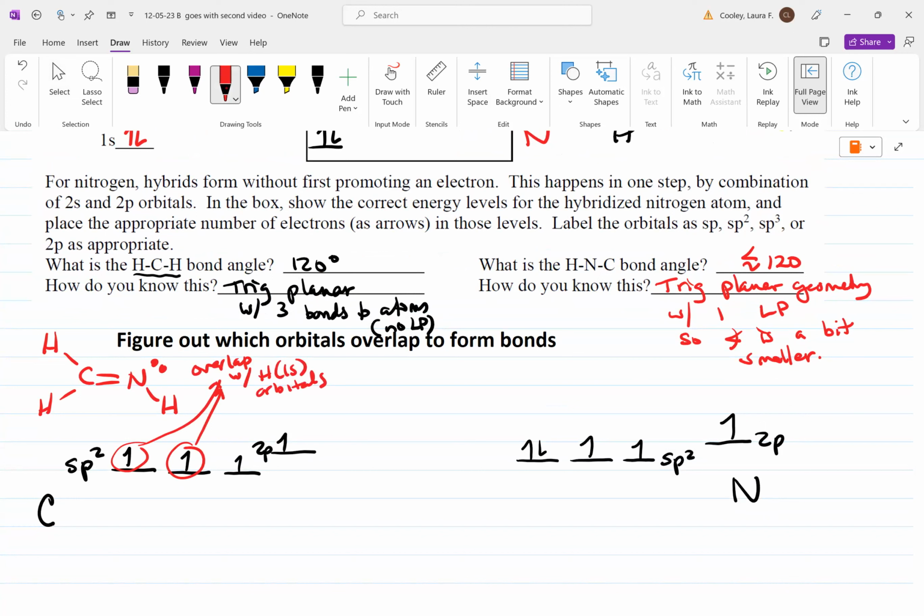So there'll be 2 sigma sp2-1s overlaps for that. For nitrogen, there's only 1 bond to hydrogen, so we will have this overlapping with a 1s on hydrogen.